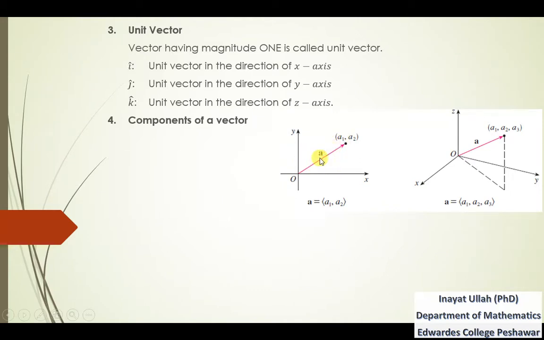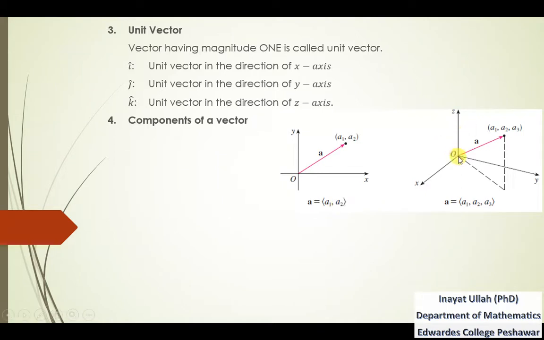So this vector has two components: the component along the x-axis, which is a1, and the component along the y-axis, which is a2. So this vector a, a 2D vector, has two components: a1 along the x-axis, comma, a2 along the y-axis.